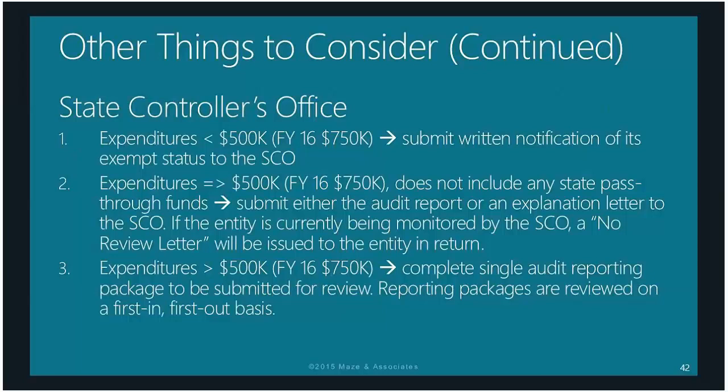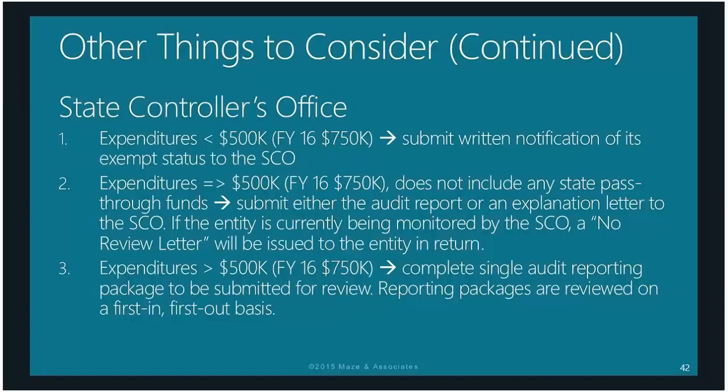criteria you may fall under is if your expenditures are equal or greater than the threshold and don't have any state pass-through funds, then you can either submit the audit report or an explanation letter to the state controller's office.